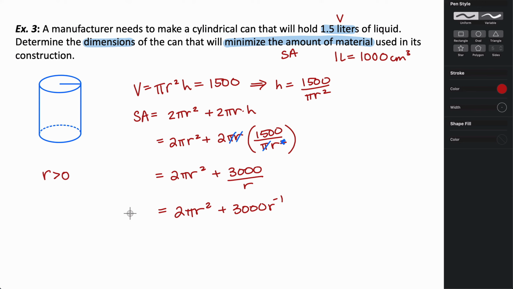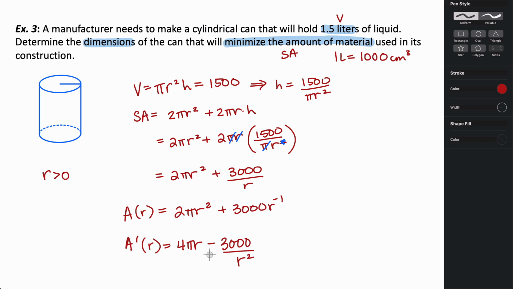So this is the area as a function of the radius, the surface area. So if we want to take the derivative, what is the derivative? A prime of r is going to be 4 pi r minus, because it's going to be negative 1, minus 3,000 times r to the negative 2. That just means it's going to be divided by r squared.